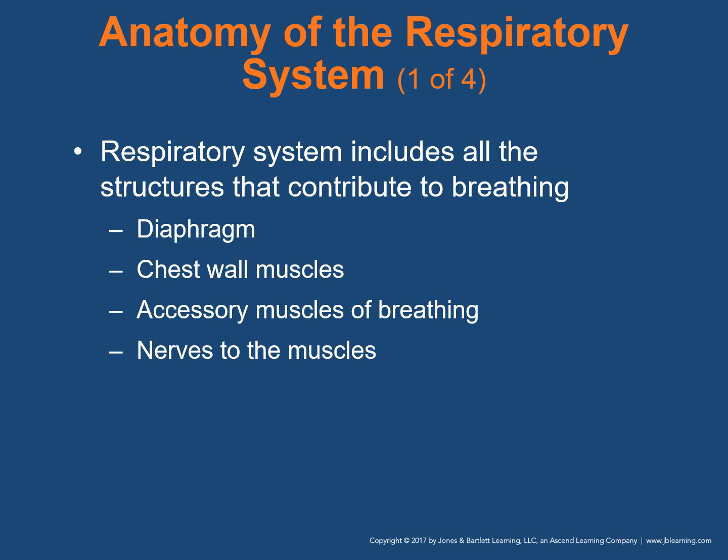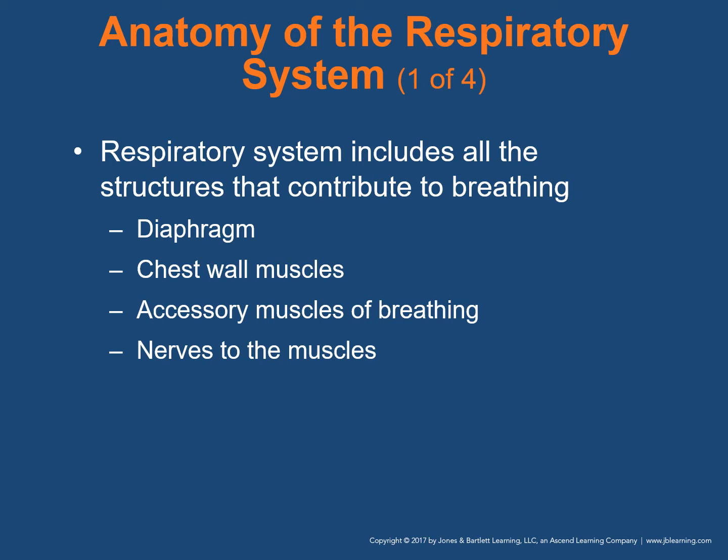All right, this slide shows us some of the anatomy of the respiratory system, and the chapter on anatomy and physiology that you had earlier in the book goes over this in greater detail.